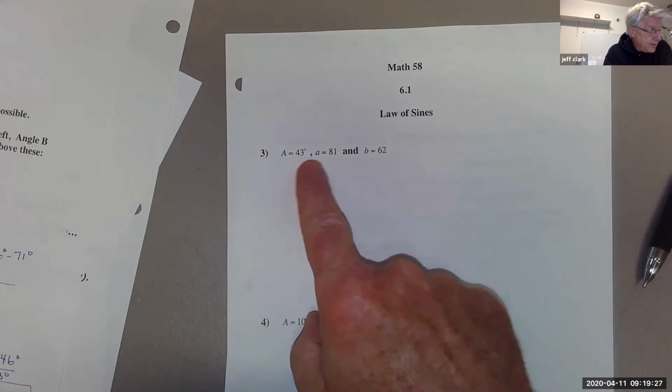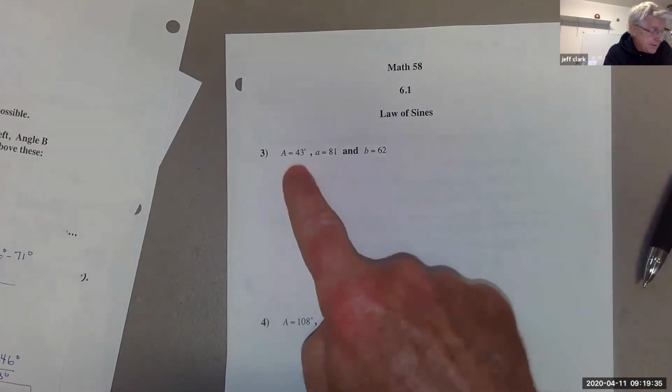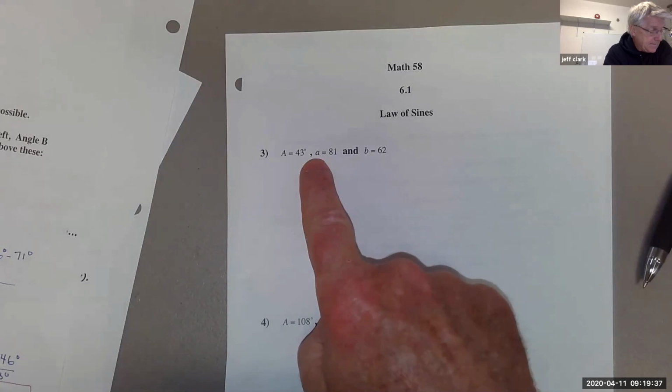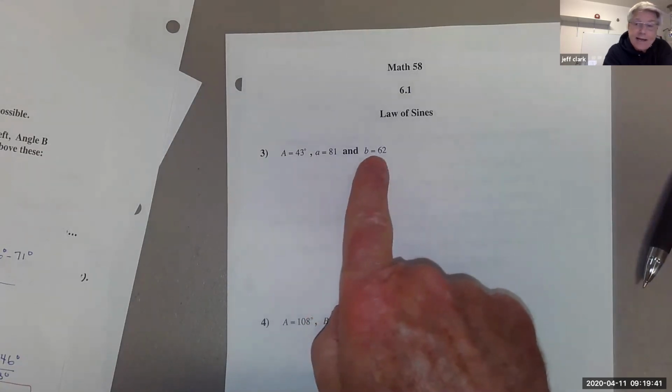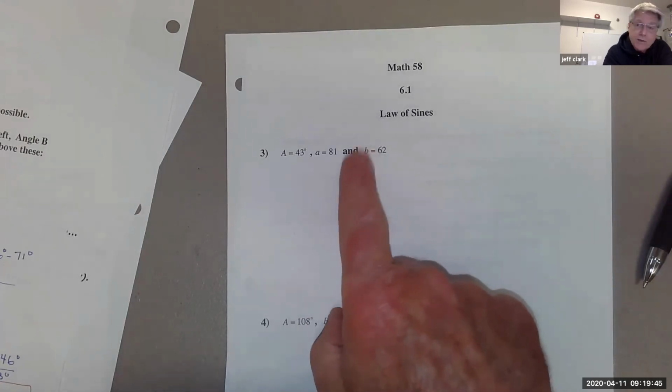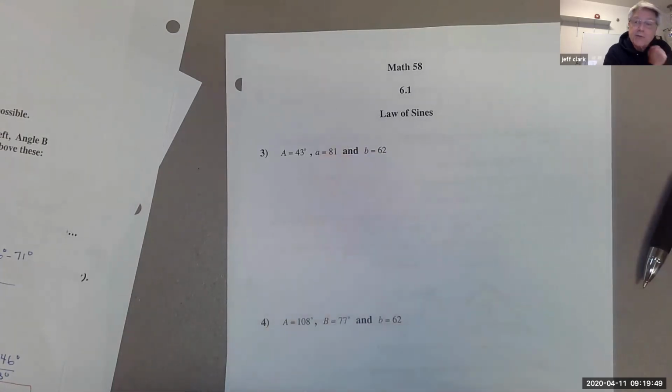See, 43 degrees in A. So I can find the other pieces, namely angle B, based on that statement. But if I had angle A and side C and side B, I couldn't do it. I couldn't answer it with this section. But this one I can do. This is very similar to the previous one I just did, so I'm going to let you take care of that one yourself.